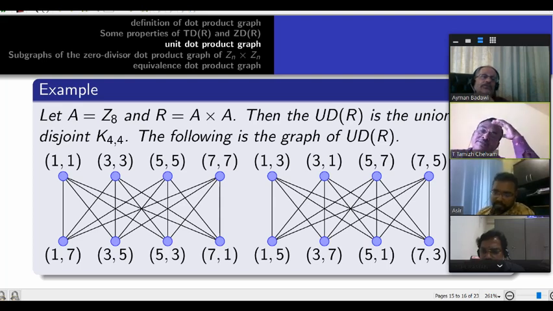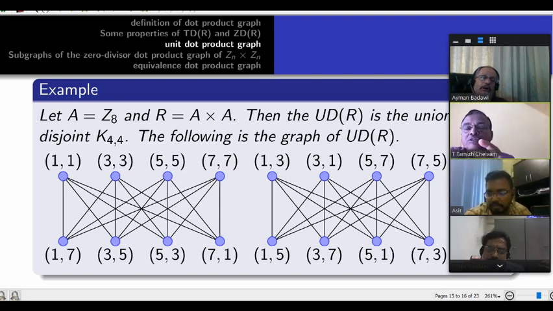It has to be a subring, like A2 a subring of A1, A3 a subring of A2, then it will work out. Fine. We are working in one because of the dot product. And of course, this is the graph wherein multiplication and addition are used together.